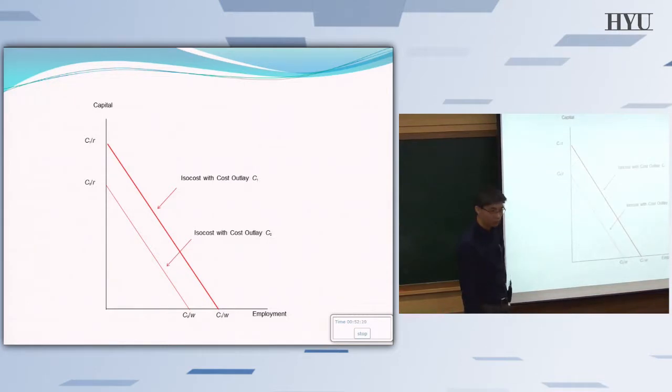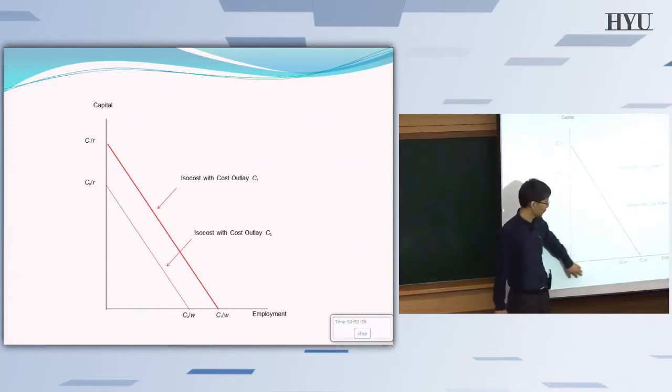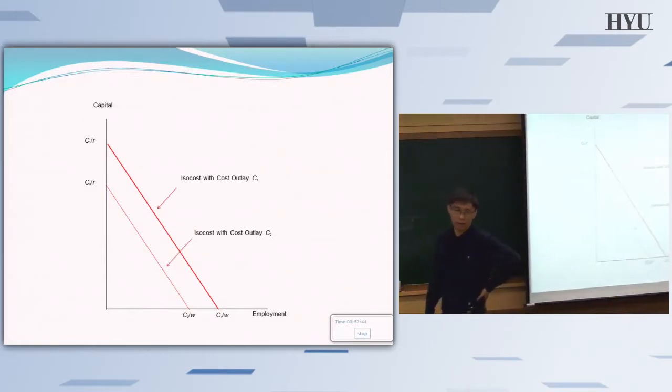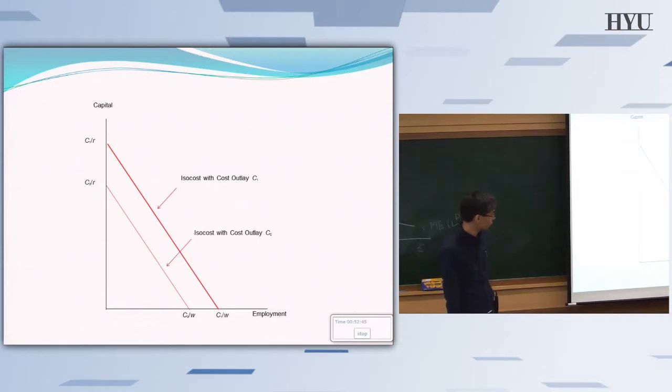Then what's the slope? Slope is W over R. Given this triangle, you can get the slope, which is W over R. In my example, each employment costs you $1,000 and each machine costs you $10,000.